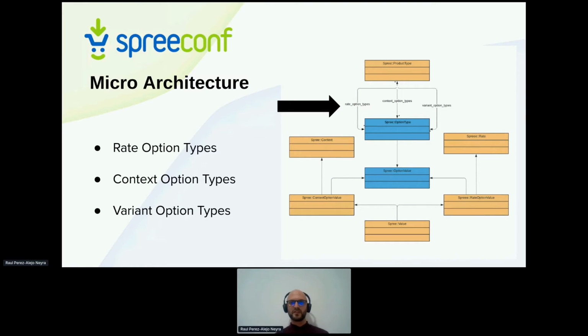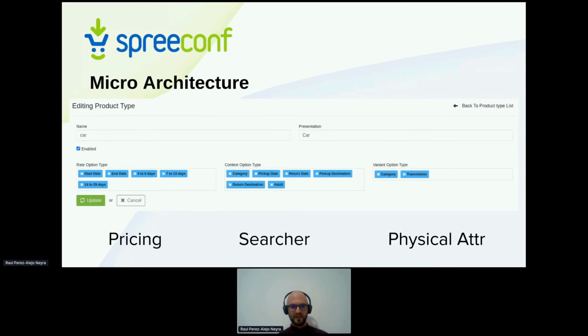And this is the microarchitecture. This is built on top of the core Spree model. In this case, we are showing a small piece of it related to option types and option values. And these are three main concepts in this architecture, which are rate option types, context option types, and variant option types.